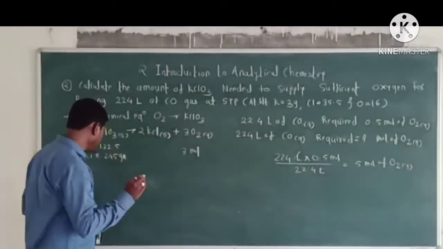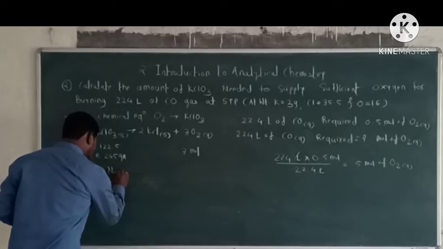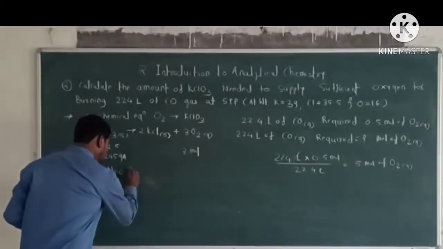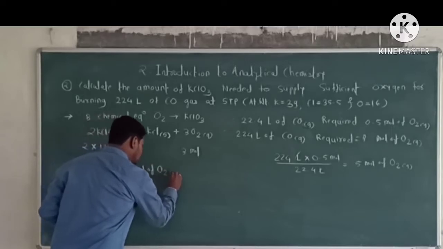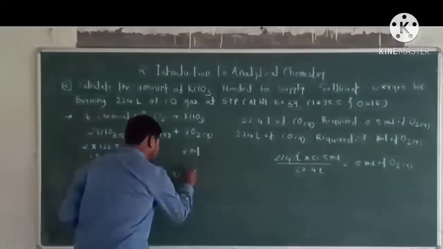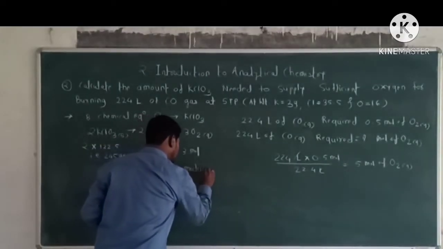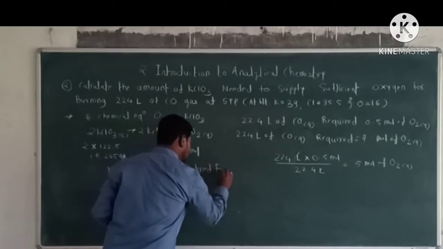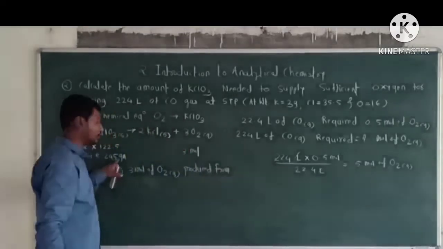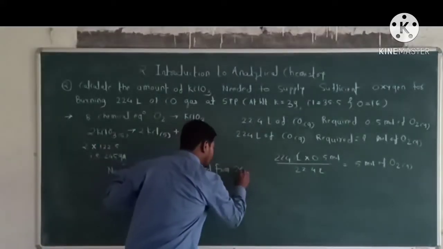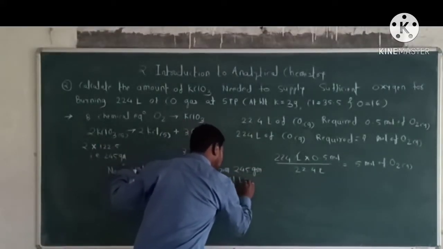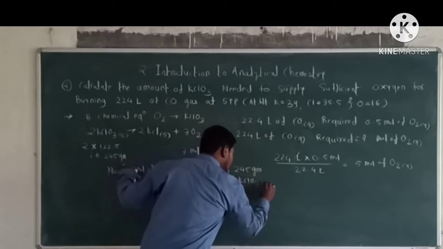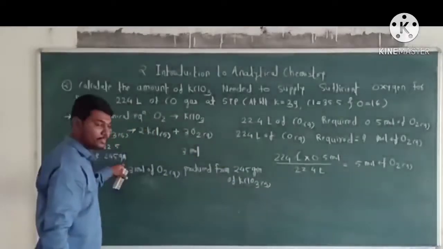Now 3 moles of gaseous oxygen are produced from 245 grams of KClO3.